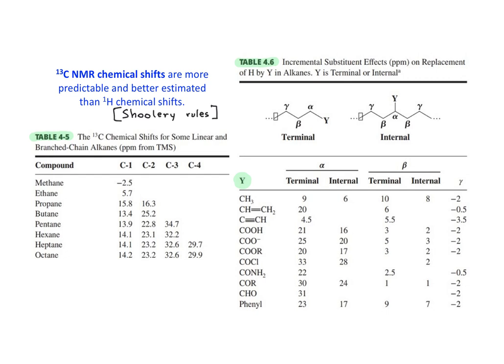There tends to be a deshielding effect for most substituents at the position attached or alpha to the substituent. In most cases, that deshielding effect falls off as we get further away from the substituent, and in some cases even has a negative value or a shielding effect as we get further away from the substituent.